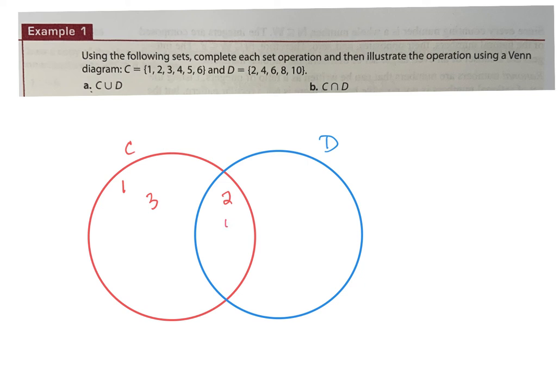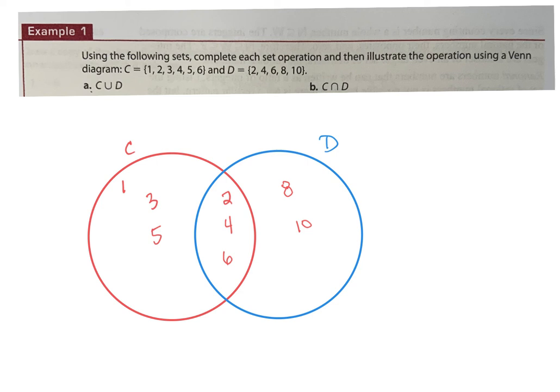Middle. It's going to go in both. What about 5? C, D, or both? C. What about 6? All right. What about 8? D. And what about 10? D. Right? You don't repeat it. You just fill it out where it is. If it's already been accounted for, you don't write it again.